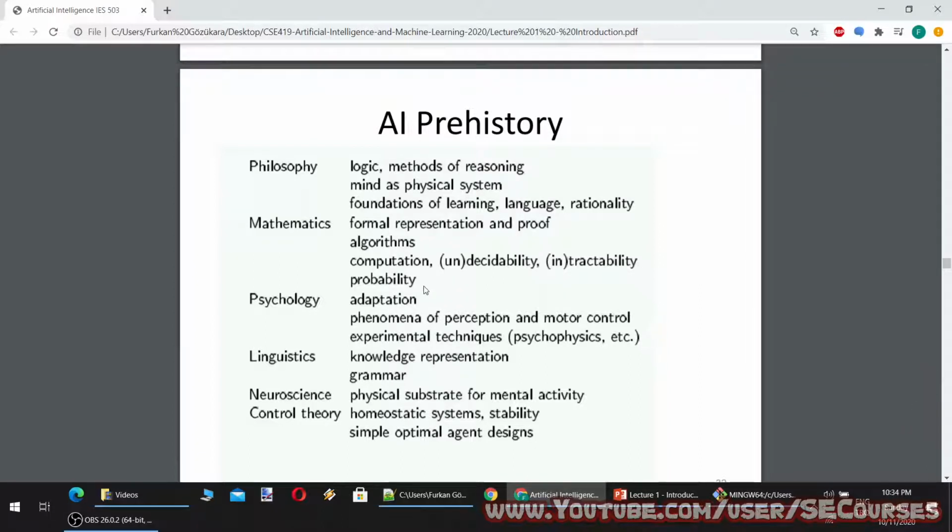Actually, many of the current algorithms were founded 30, 40, 50 years ago. However, they have only recently become useful to us. Do you know why? Because only recently do we have enough hardware, power, and data to make use of them. Data and power are everything for AI currently.